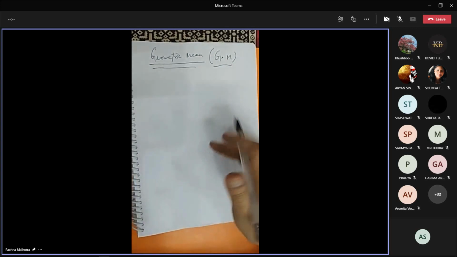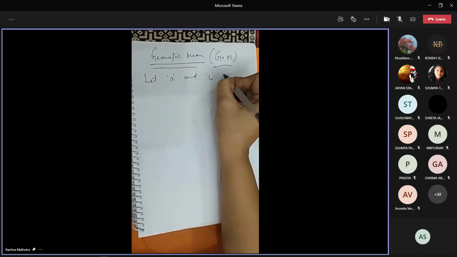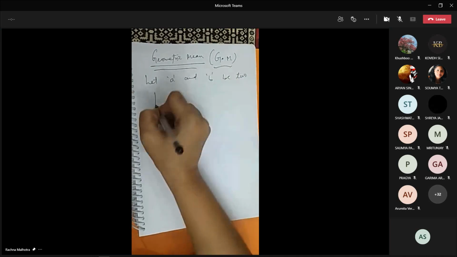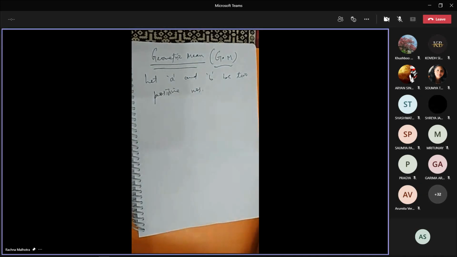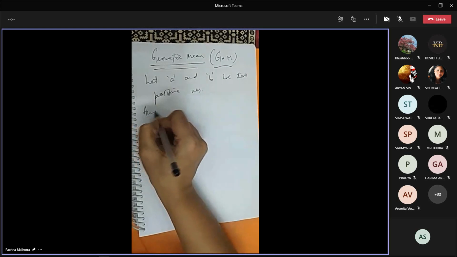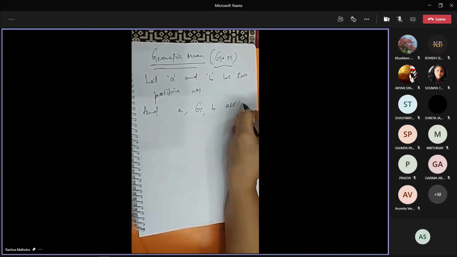So A and B be two positive numbers, and A, G, B are in GP also.